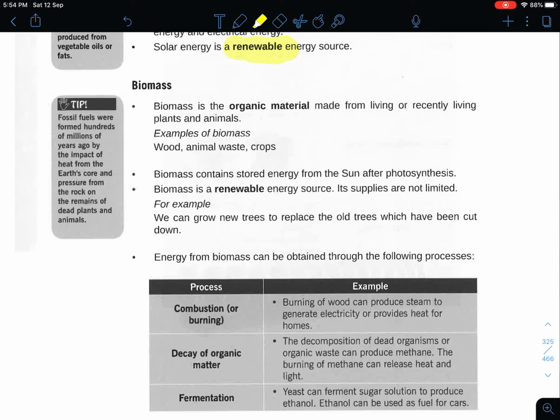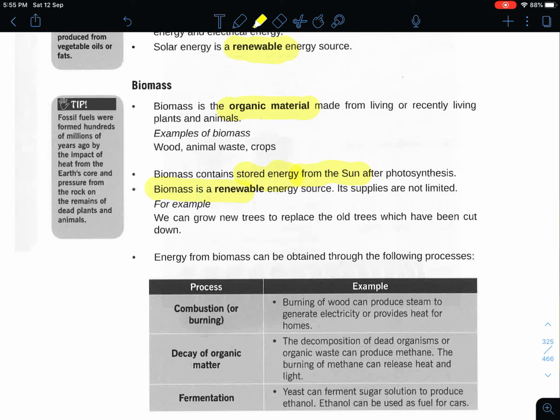Biomass, on the other hand, is basically organic material made from living or recently living organisms. So biomass tends to store energy within it. And where is it from? It generally comes initially from the sun. After the process of photosynthesis, which converts light energy into chemical potential energy, all this chemical potential energy is then stored within the biomass.